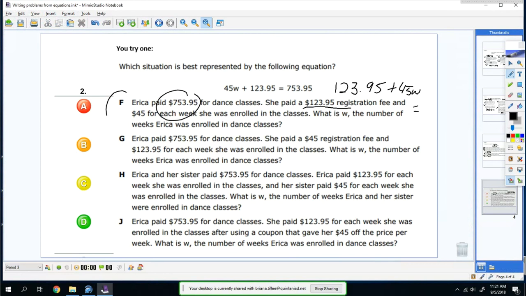So, hey, F's correct. A lot of you might think G was correct, but it's not, because it says Eric paid the same amount, but she paid a $45 registration fee. That's a one-time fee plus $123.95 for each week. That's your 123.95 times W. That's the reason why that one's wrong. Okay, so the answer is F.